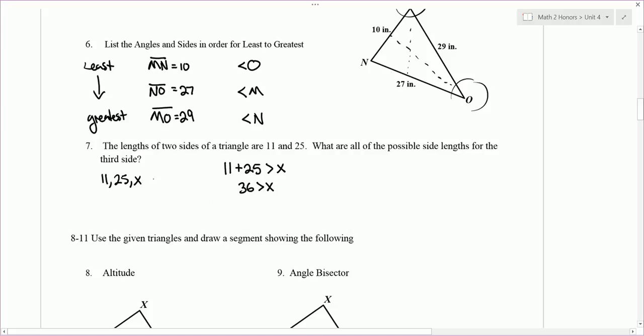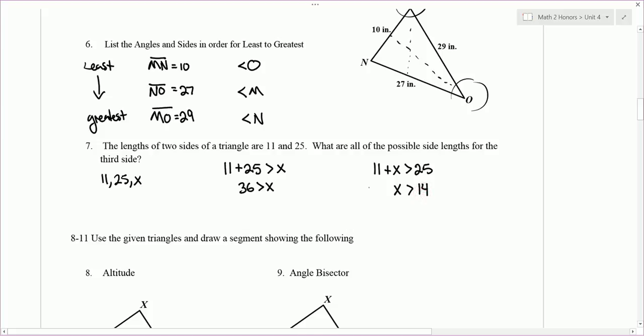But what if x is not the largest? Then 25 would be the largest. And then we'd get from the triangle inequality that 11 plus x has to be bigger than 25. Solving for x here, we get x has got to be bigger than 25 minus 11, which is 14.